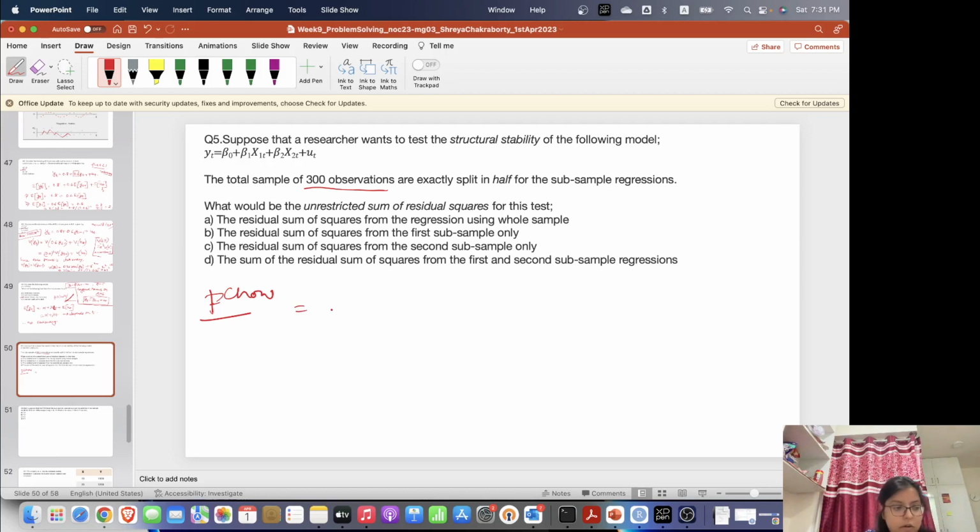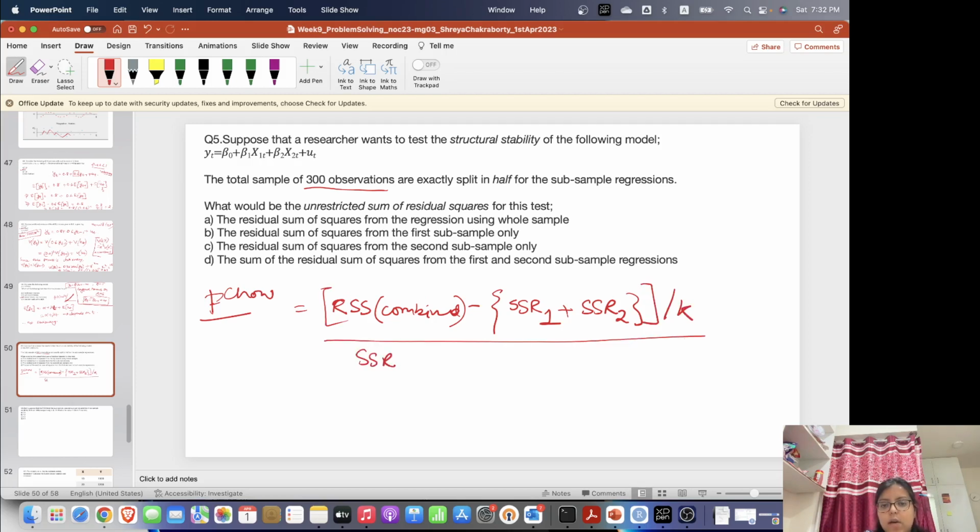Okay, so if you remember, this is the restricted sum of squares from the combined model minus the residual sum of squares from the subcomponents, divided by k, by SSR1 plus SSR2, divided by, instead of n, we have n1 plus n2 minus 2k, where k is the number of parameters.